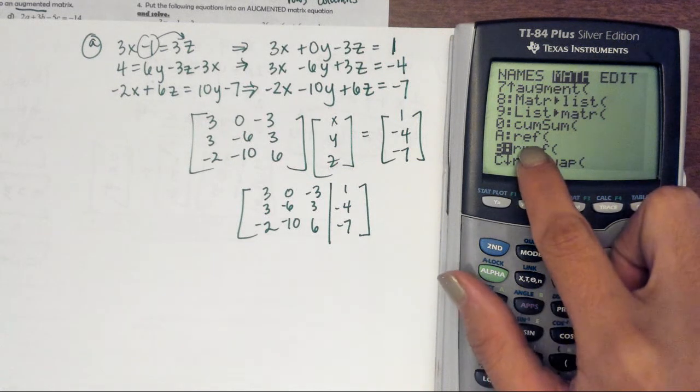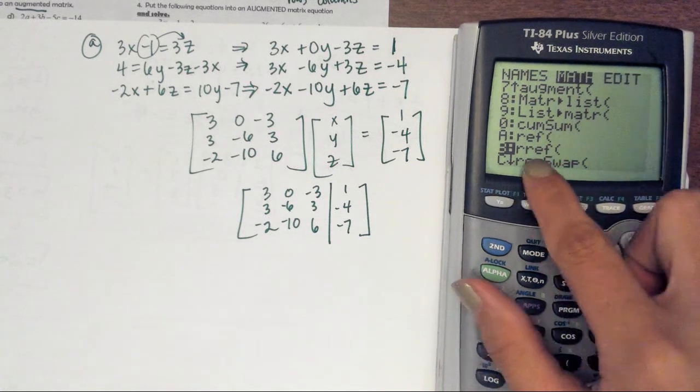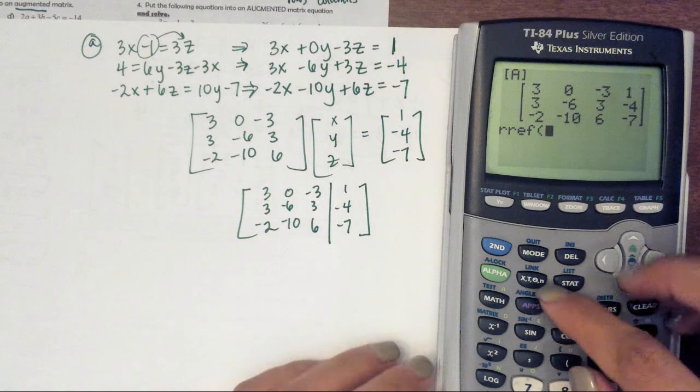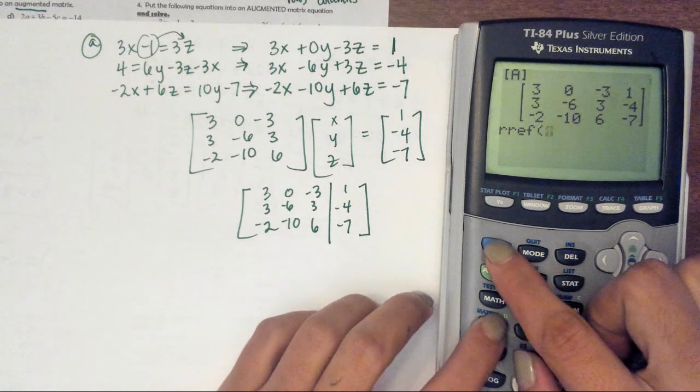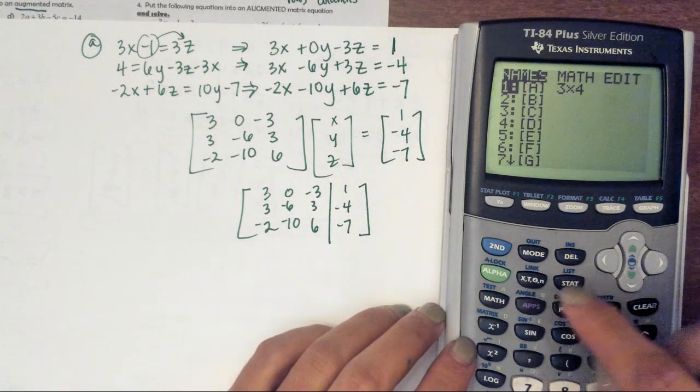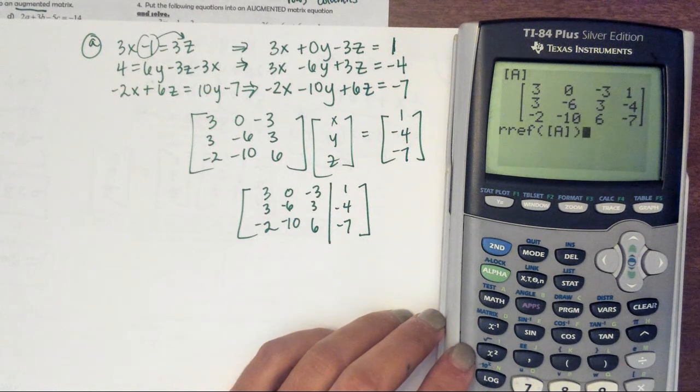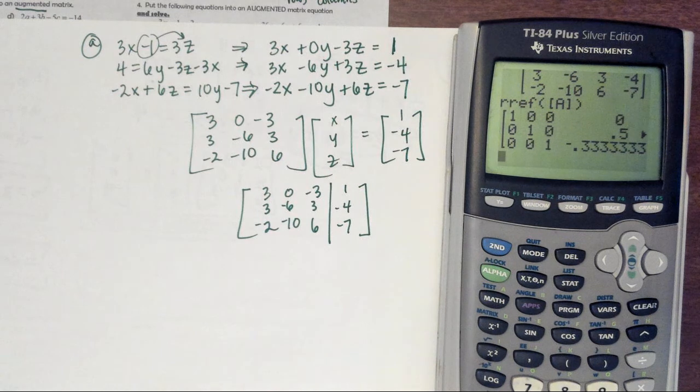So there's a ref button, but it's rref, so click on that one. And then I'm going to plug in matrix A. So go back to second matrix, and I want to plug in my first matrix. So hit enter, close parentheses, enter, and then you should get your answer.